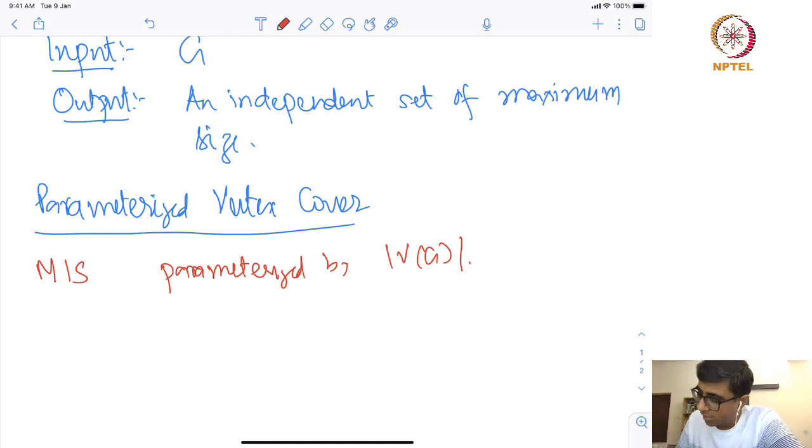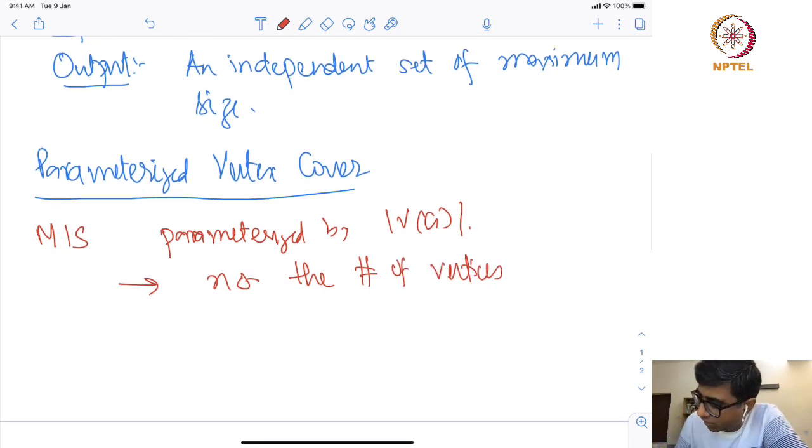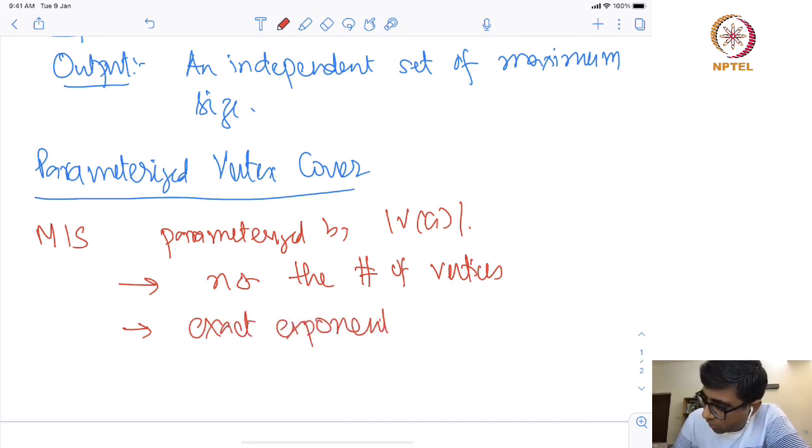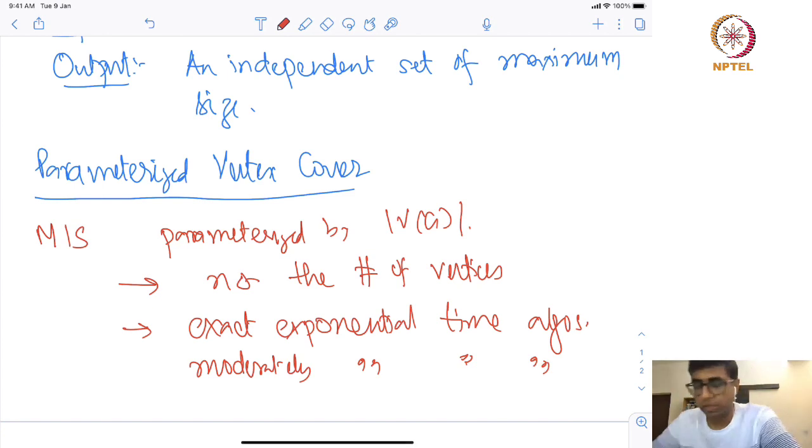Or in other words, parameterized by n, the number of vertices. In literature, these are also called exact exponential time algorithms, or moderately exponential time algorithms.